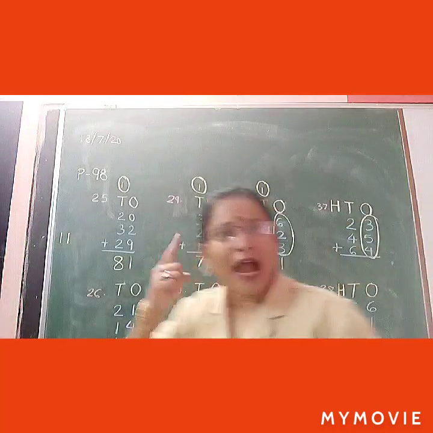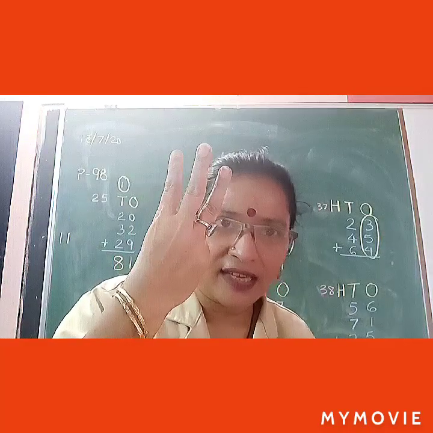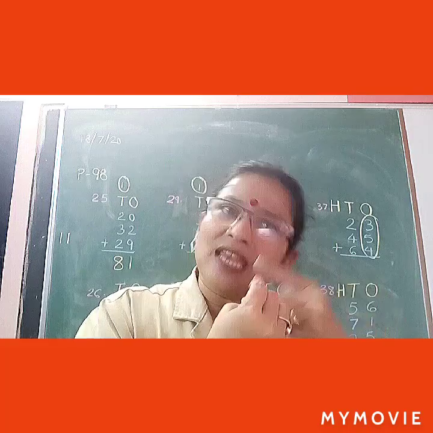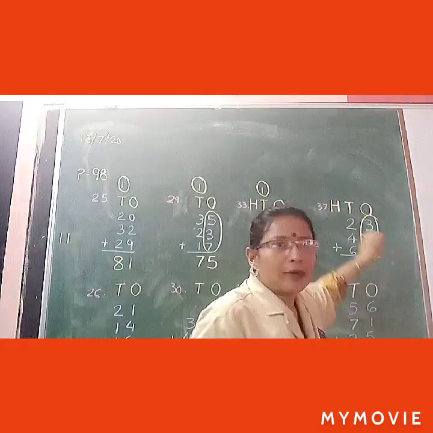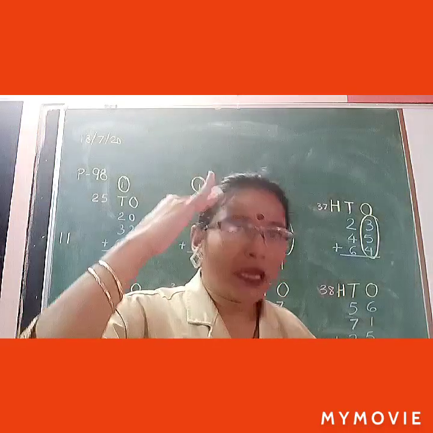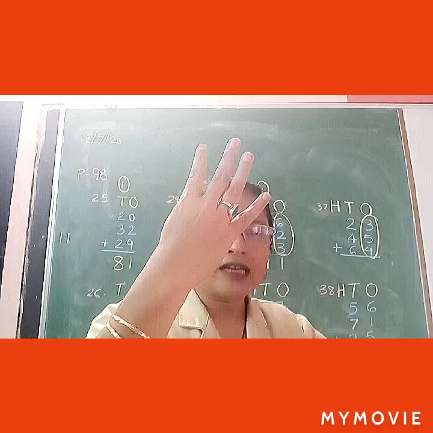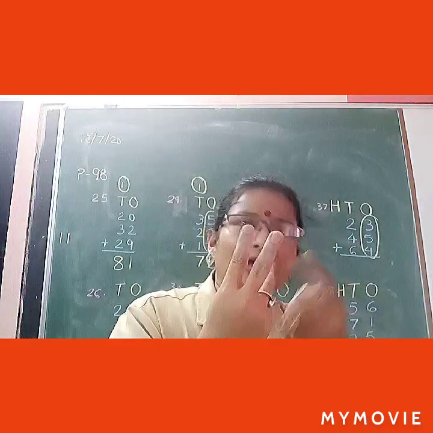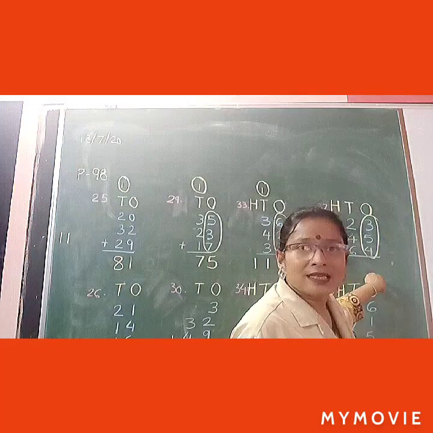Keep 5 in your mind and take out 3 fingers. 6, 7, 8. So by adding these two numbers, you are getting 8. Keep it in your mind and take out 4 fingers and start counting after 8. 9, 10, 11, 12. So the answer is 12.